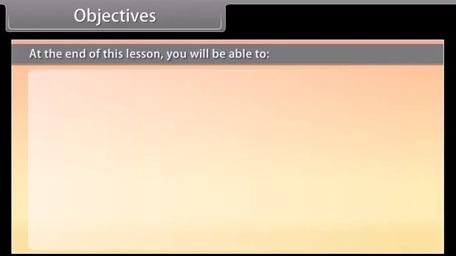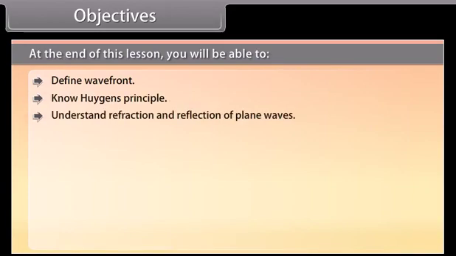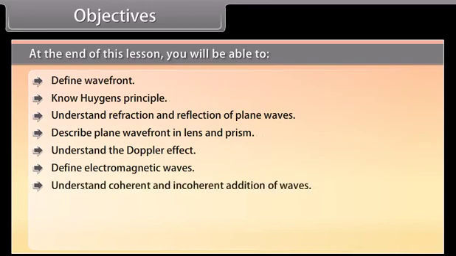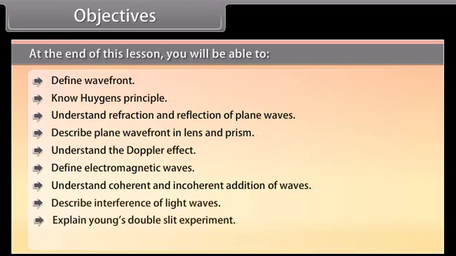At the end of this lesson, you will be able to define wave front, know Huygens principle, understand refraction and reflection of plane waves, describe plane wave front in lens and prism, understand the Doppler effect, define electromagnetic waves, understand coherent and incoherent addition of waves, describe interference of light waves, explain Young's double-slit experiment, explain conditions for sustained interference.